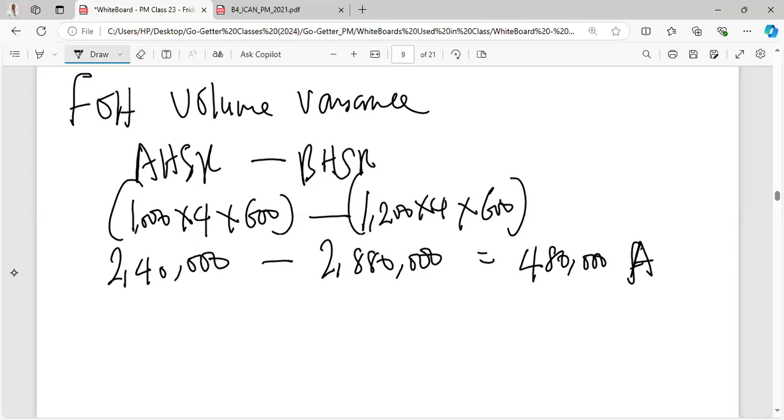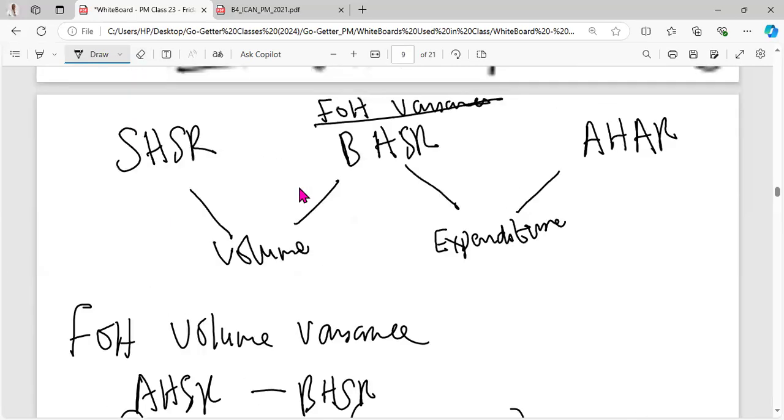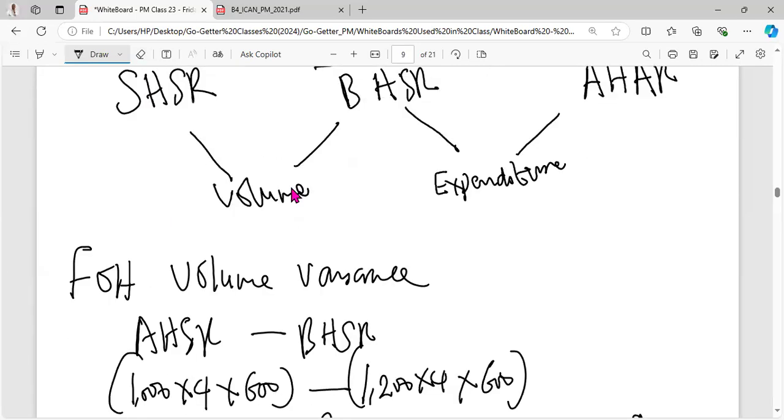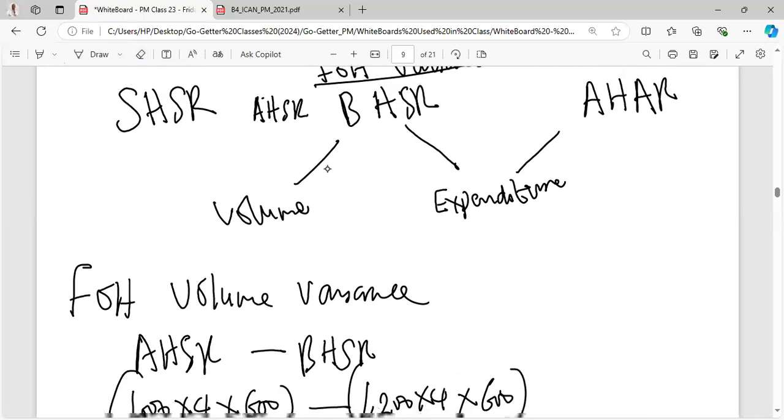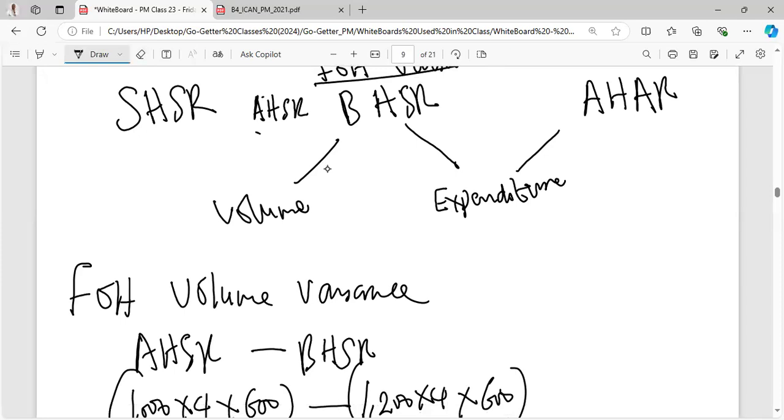All right, so that's it. So volume variance. What I'm going to add here is that pin I wanted to add: actual hours at standard rate, which is what we just did now.